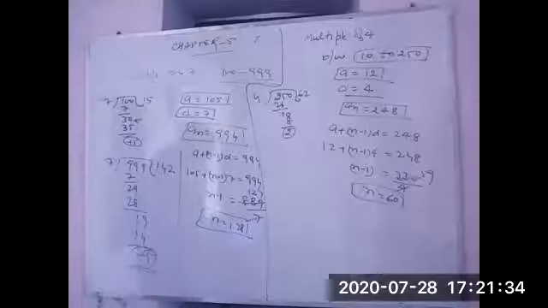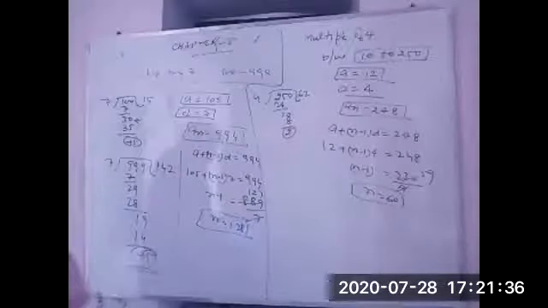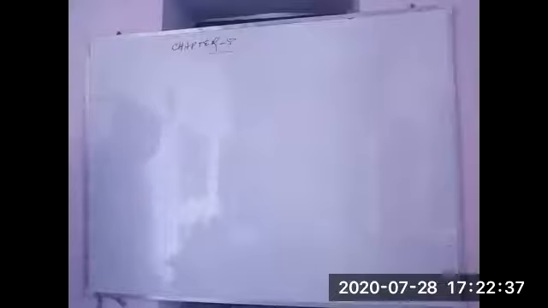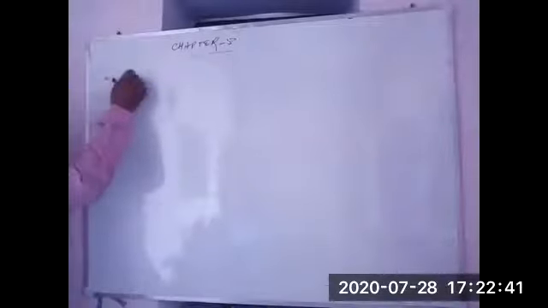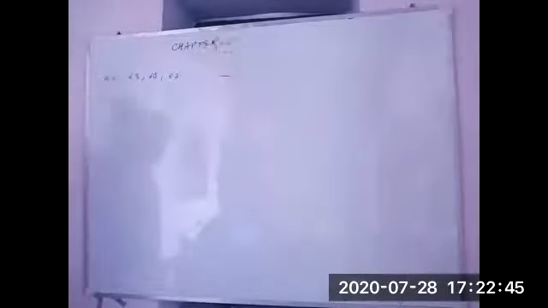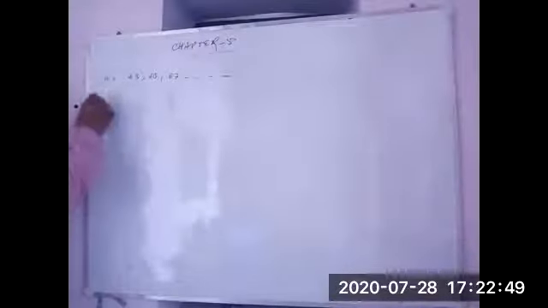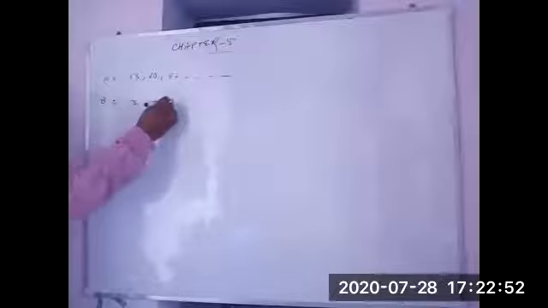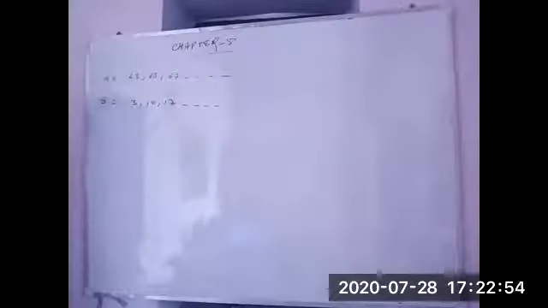Question number 12 and 13. Into the next question now. There are two APs. The first AP, let us assume it is A, that is 63, 65, 67, and so on. And the next is 3, 10, 17, and so on.